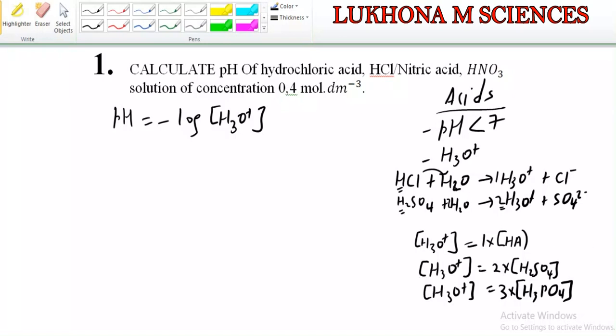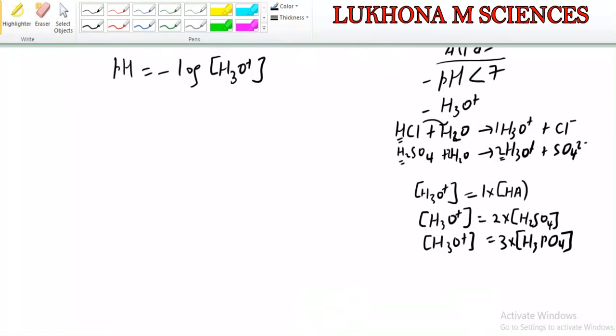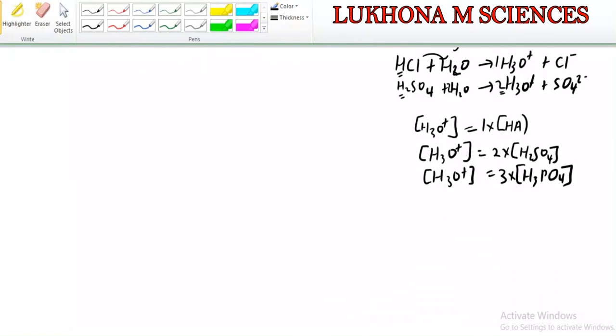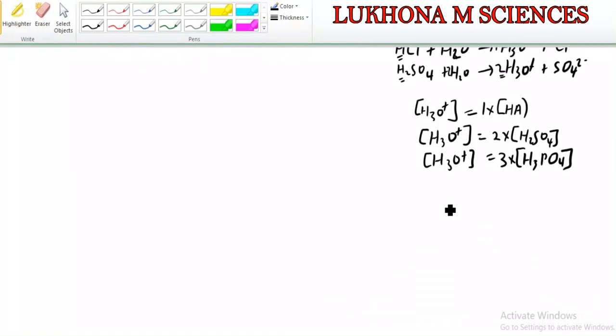Now let's go to bases. When it comes to bases, before that, the pH of bases is greater than 7. When the bases react with water, you get OH minus as a product.